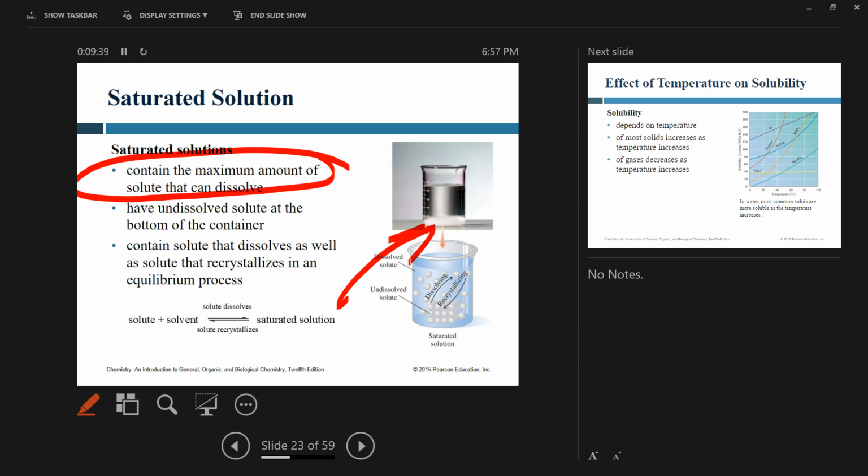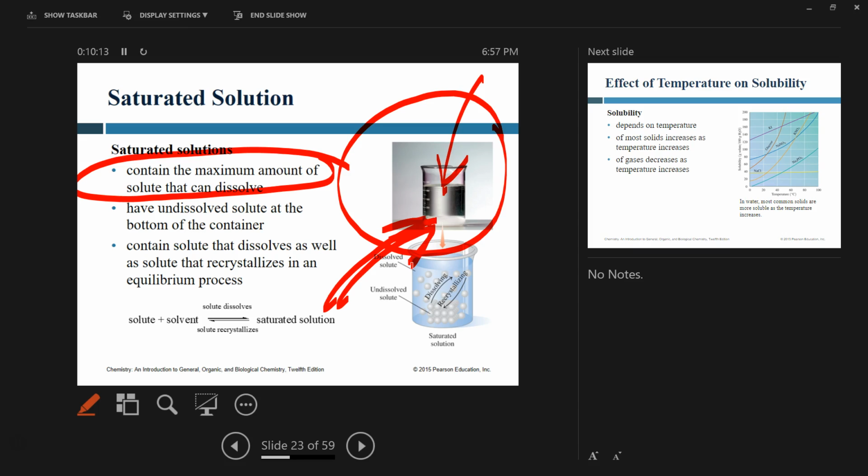Does that make sense? Now, one concept that I want you to understand in regards to this: when you have two distinct physical states in the same beaker here. Do you see that? You have fluid and you have solid. Correct? So the border between them is called a phase separation border.